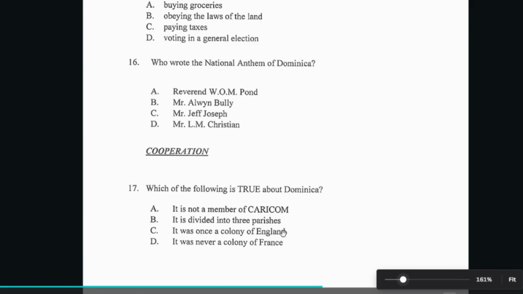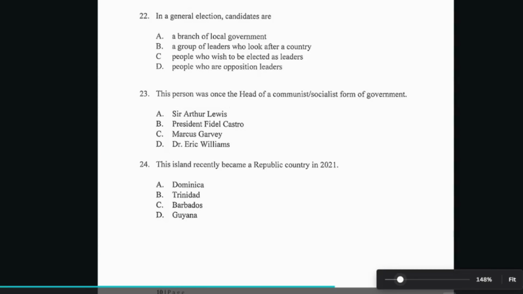I think it was in 2006 he started coming down with some health complications. So he gave it to somebody temporarily, and then in 2008, he decided to fully give up the presidency, and I think he passed away in 2016, somewhere around here. So yes, he was the first to actually create a communist state in the Caribbean and the Western Hemisphere.